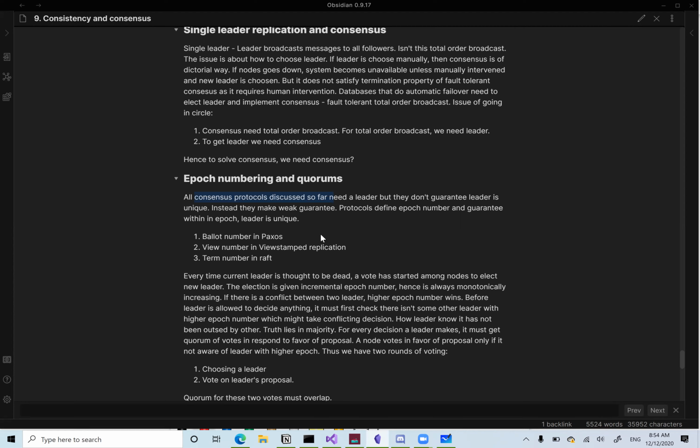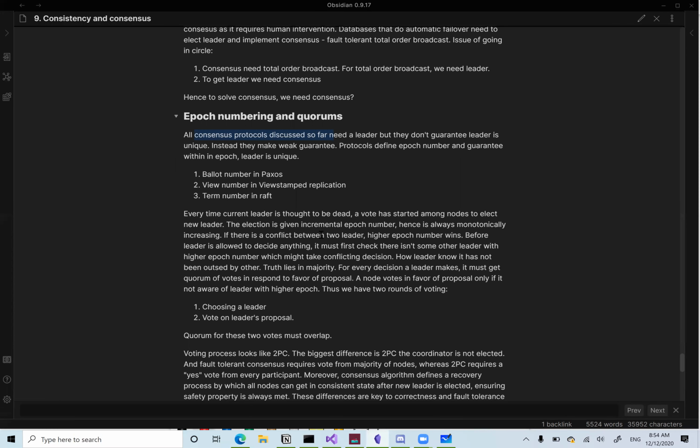But at least they guarantee that within each term, so they define a term, and within each term the leader will be unique, right?